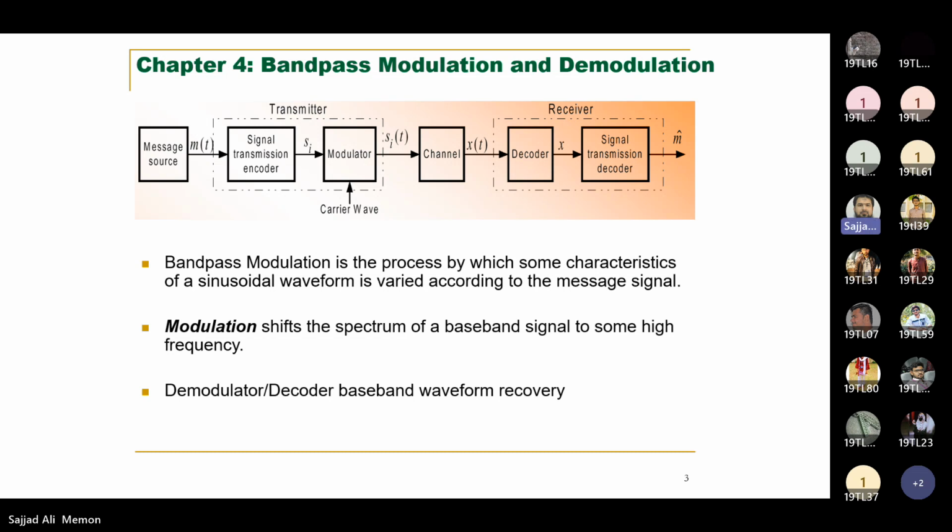And when we do that, we are actually shifting the frequency of a baseband signal to some high frequency. We also see in this lecture how to recover, to demodulate, a waveform which is being received at the receiver as a modulated signal.